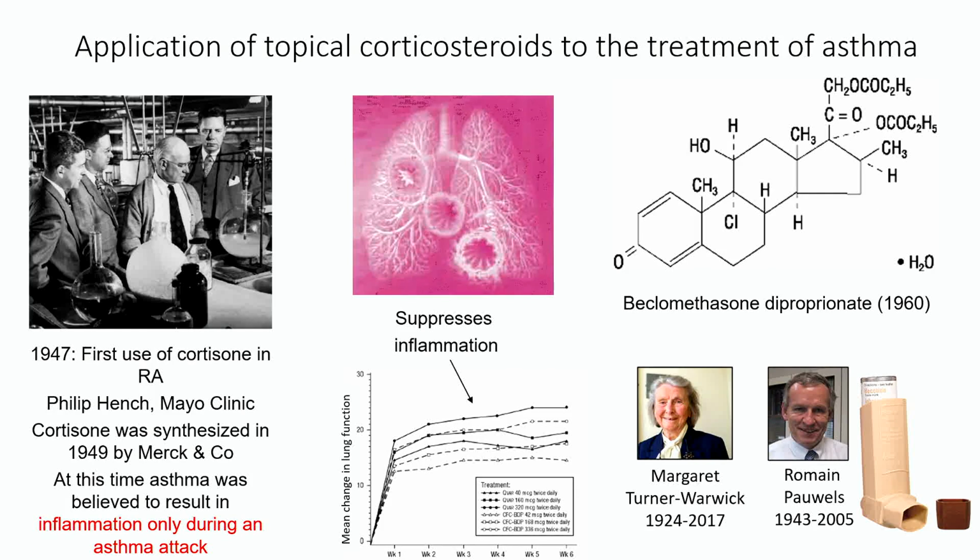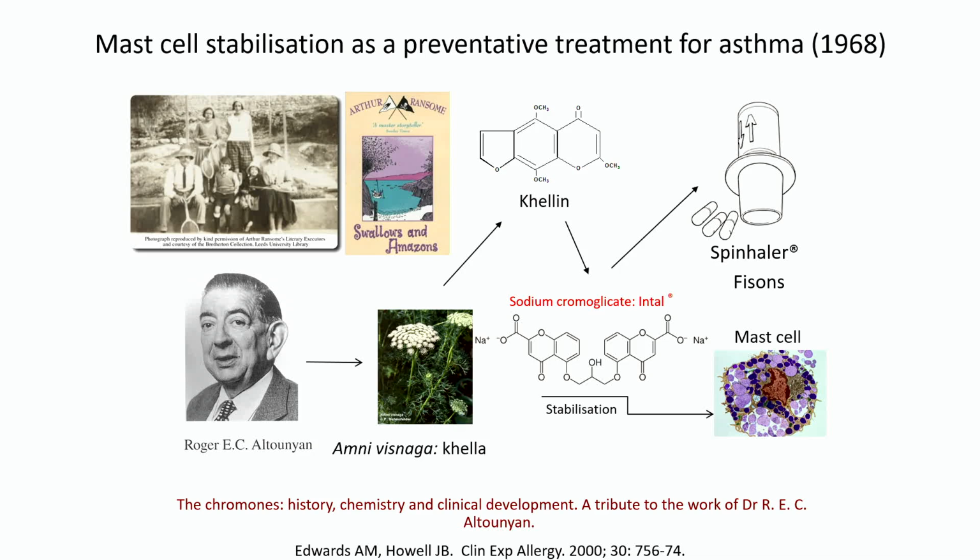It was designed not to be absorbed from the skin and to be broken down in the circulation fairly effectively, but it was adapted for inhalation. And some luminaries there, Margaret Turner-Warwick at the Brompton Hospital, who was there when Jack Pepys was there, and Romain Pauwels, who sadly died, from Ghent in Belgium. They were really pushing these inhaled steroids to control asthma. And so now we were entering into a whole different domain.